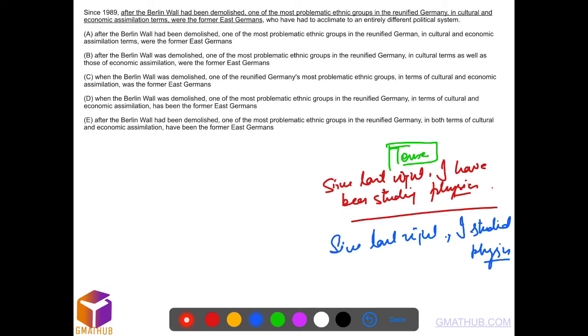So "since" is used to denote the continuity of the action. The action has been continued since last night or since so and so time.